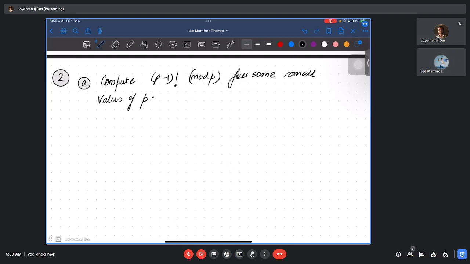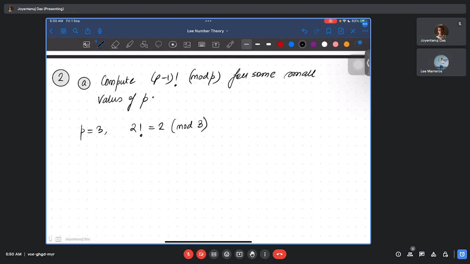So let us check for some small values. Suppose p is 3. Then p minus 1 factorial is 2 factorial, which is 2. That is also 2 in modulo 3, right?